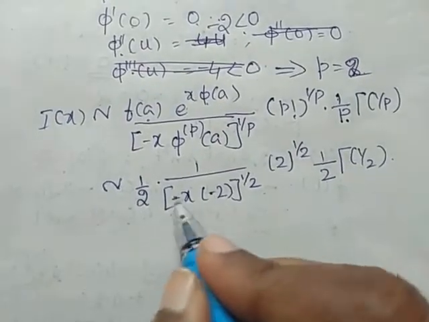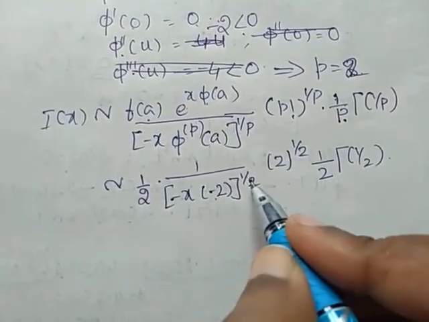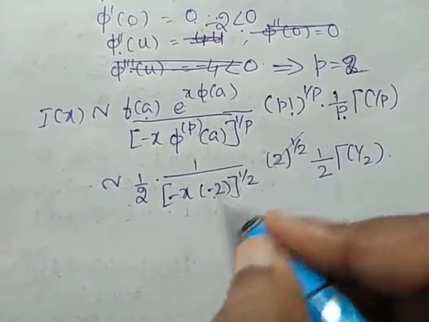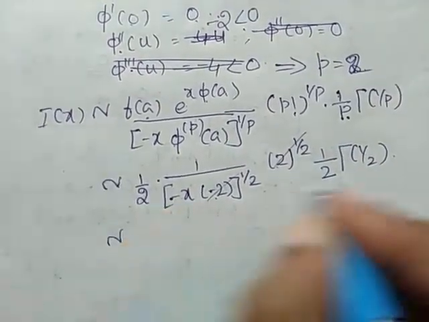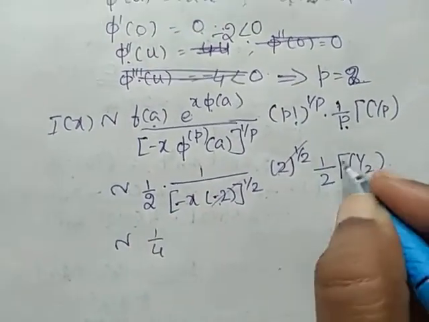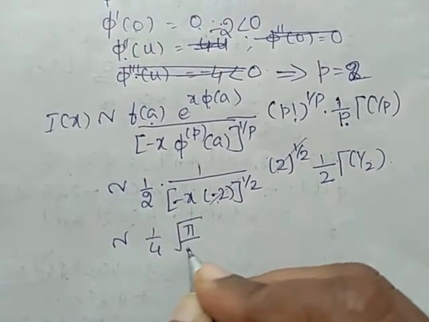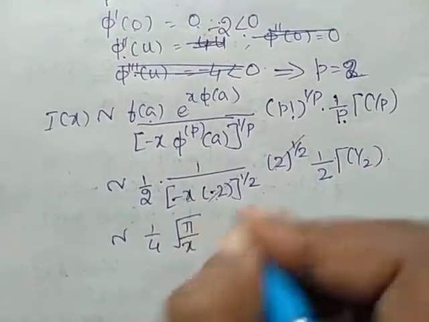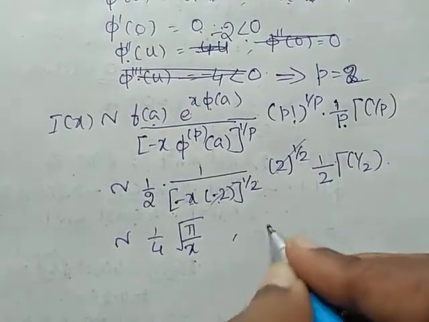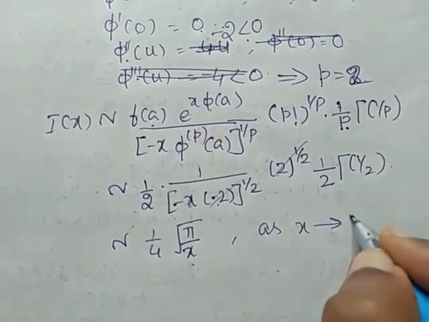So minus into minus is plus, and 2 to the power 1 by 2 cancels. We will get 1 by 4. Gamma of 1 by 2 is root pi, over root x. This is our solution as x tends to infinity.